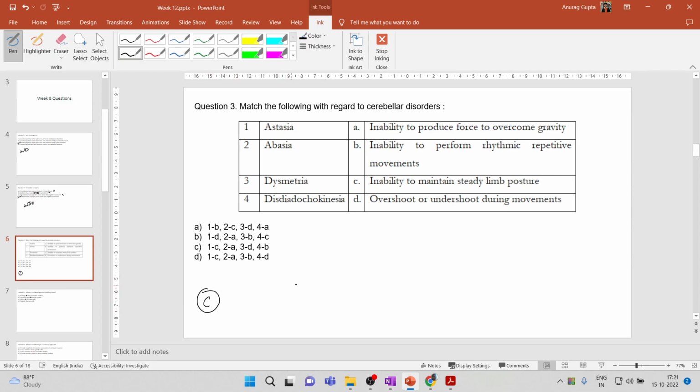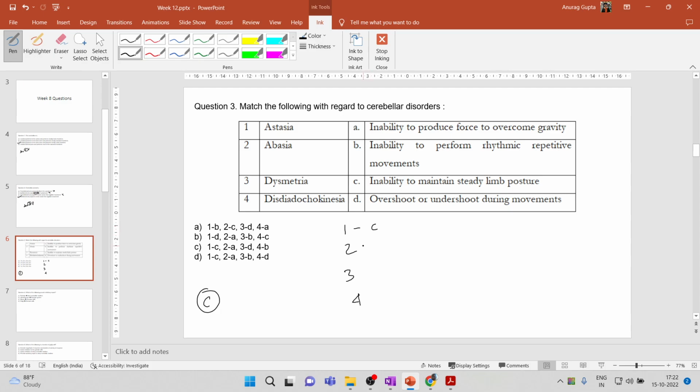Okay, so we have 1, 2, 3, and 4. Astasia is actually the inability to maintain a steady limb posture.